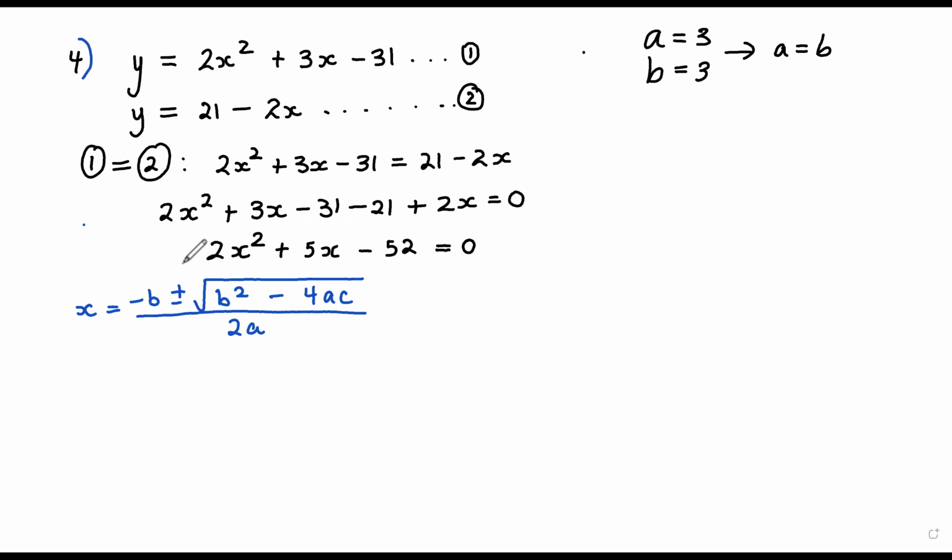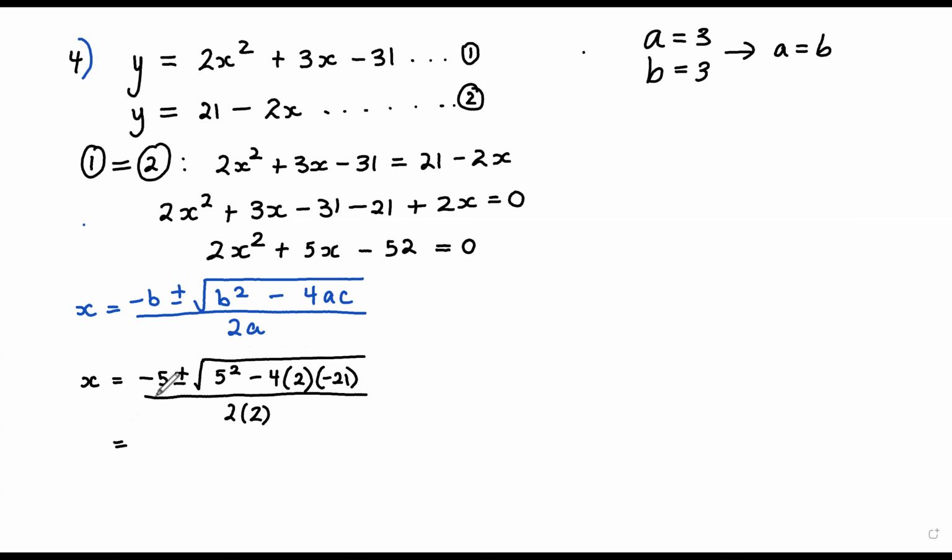So substituting all of that into the formula, I'll get x is equal to minus b, so minus 5, plus or minus the square root of b squared. b is 5, so that's 5 squared, take away 4 times a, which is 2, times negative 52. All of that over 2 times a, which will be 2 times 2.